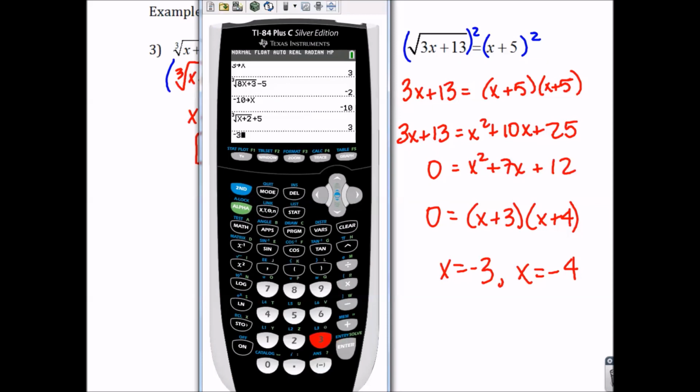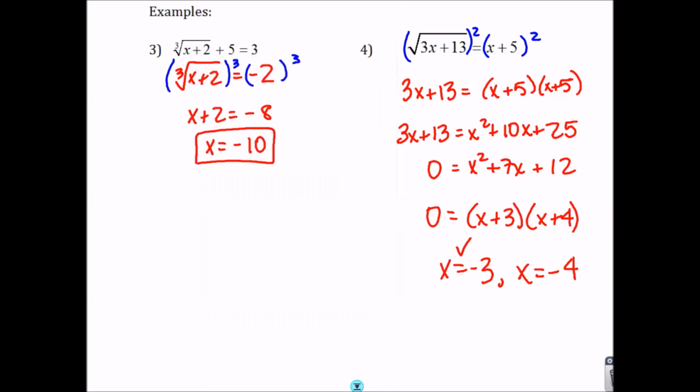Let me check -3 first. So if I have square root of 3x plus 13, that gives me 2, and then if I plug -3 in on the other side, which is just x plus 5, that also gives me 2. So -3 works.